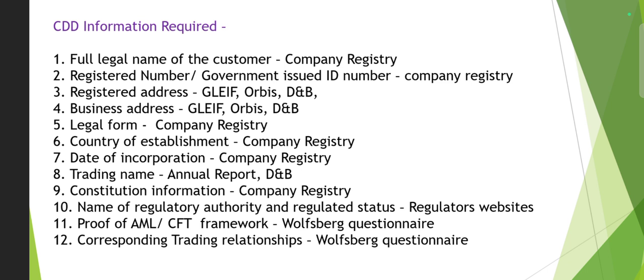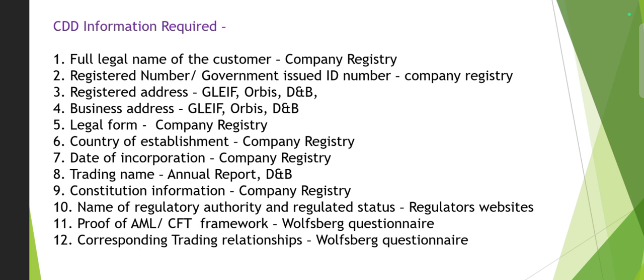Legal form, we can verify through the company registry. Country of establishment and date of incorporation also come from the company registry, because we will get all these details from the company registry website.